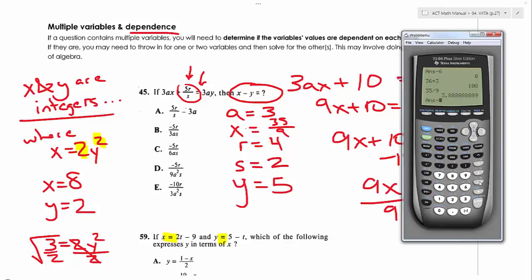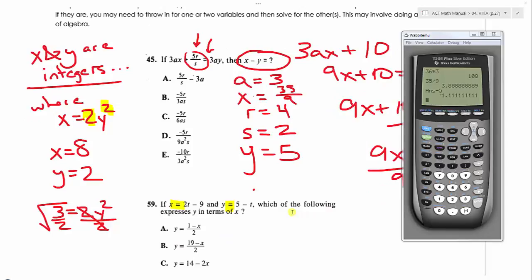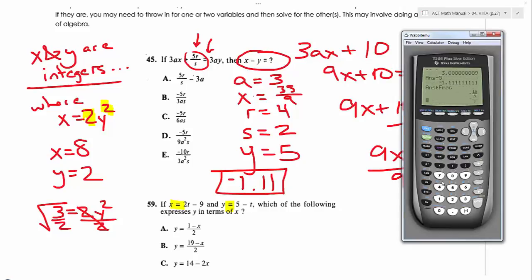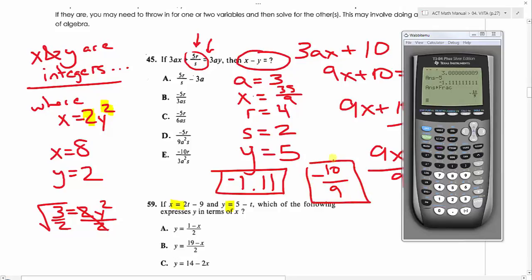I'm going to subtract out that y, which is 5, and I'm going to get negative 1.11, and that's a negative, so negative 1.11. Remember, some of you might already know this, if you math enter that value, you can put it into fractional form. But the decimal form is perfectly fine here.